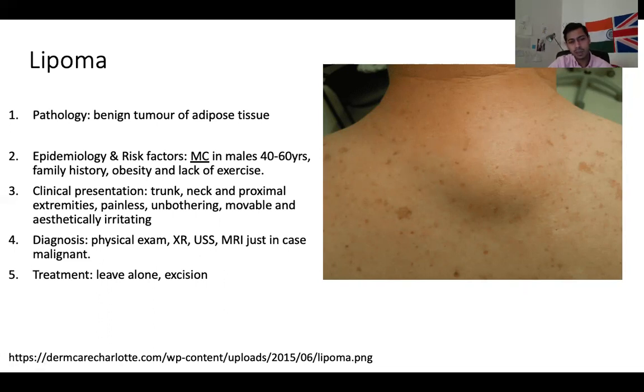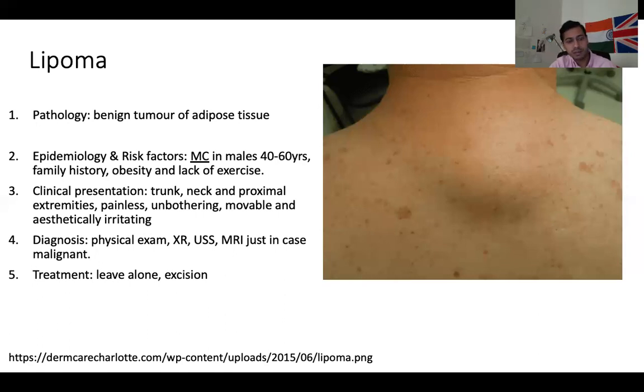And the epidemiology and the risk factors, most common in males between the ages of 40 and 60. There is a strong family history involved. So therefore, if your father or mother had a lipoma, the likelihood of you also having a lipoma is higher than it would be elsewhere.